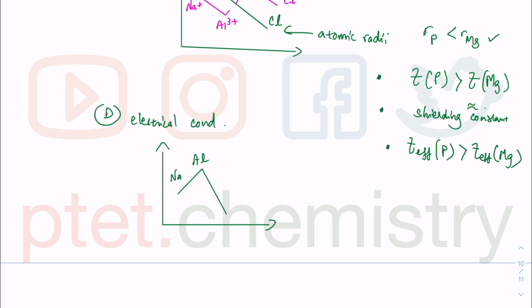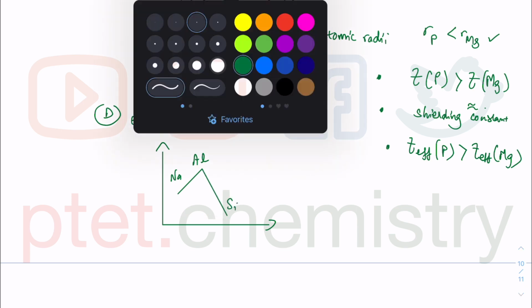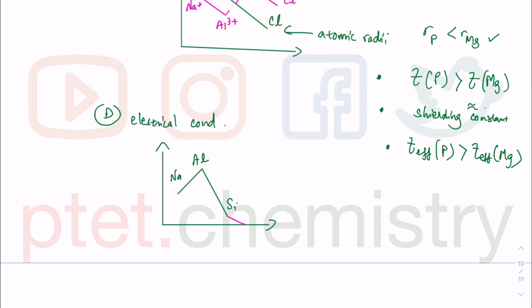Silicon is a semiconductor, so it's not zero conductivity, but after silicon it drops all the way to zero because you now have non-metals. Phosphorus all the way to argon, these are non-metals, and therefore they do not conduct at all. Silicon is used in a lot of computer chips, mobile phones and electronic devices. So they are semiconductors, so they do conduct slightly, but not as well as metals.